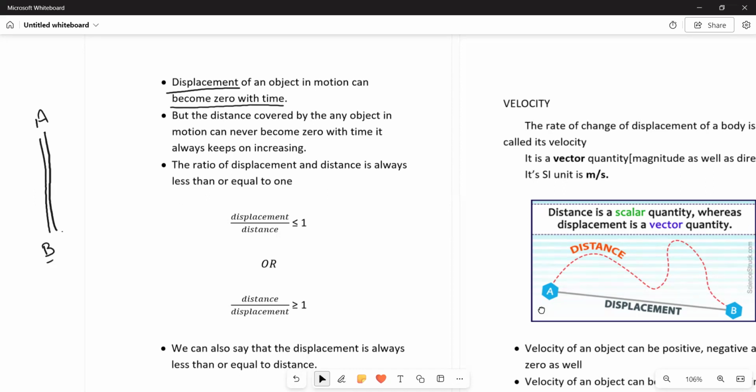Now you are again on the same position, right? So as you came to the same position again, there is no change in the displacement, right?